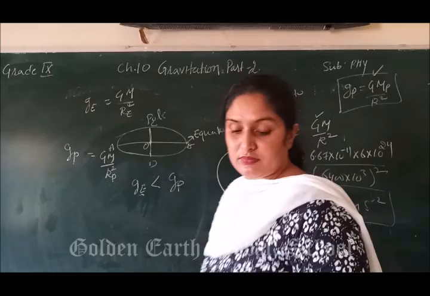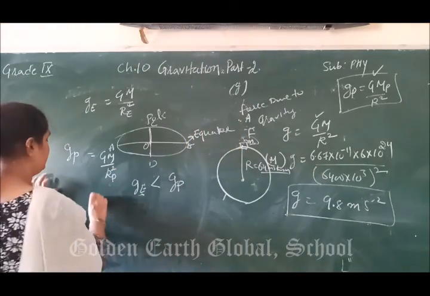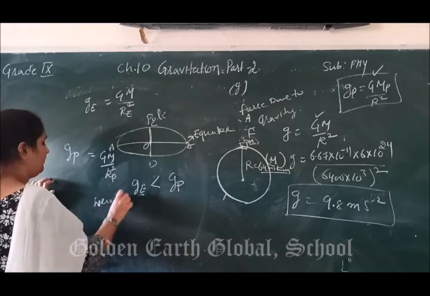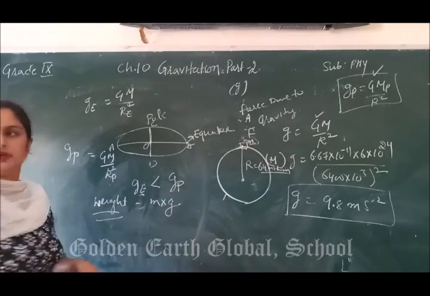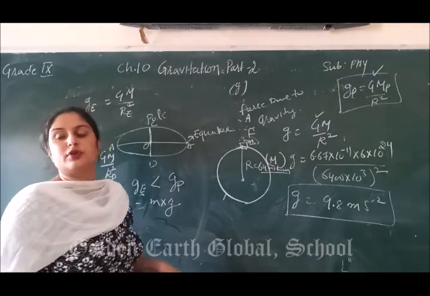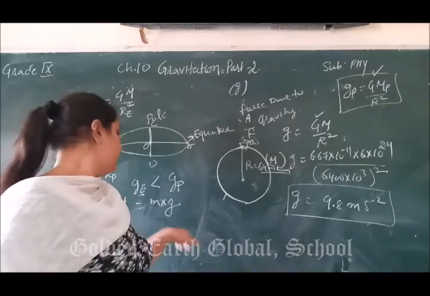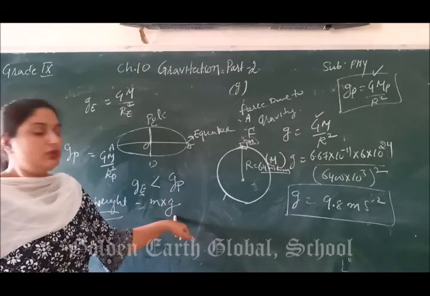Next topic is the weight of the object. Weight is equal to mass into acceleration due to gravity, or you can say it is the force due to gravity that acts on different objects. Mass into acceleration due to gravity.